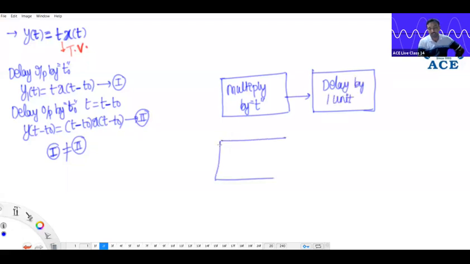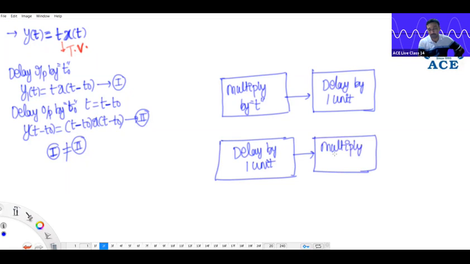On the lower side, we interchange the blocks: delay by 1 unit, then multiply by t. The lower blocks denote the output signal due to shifted input. The upper blocks are for the system where we perform the delay, meaning output delay.